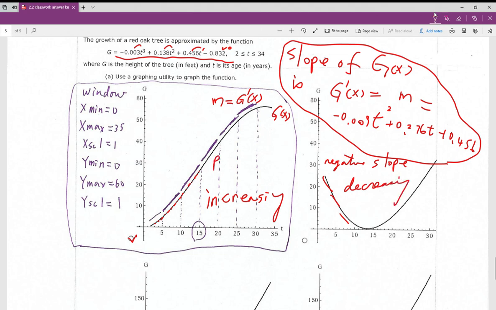And the positive slope means increase. So this company, for example, this is this company's growth increase. But the increase is the slope.